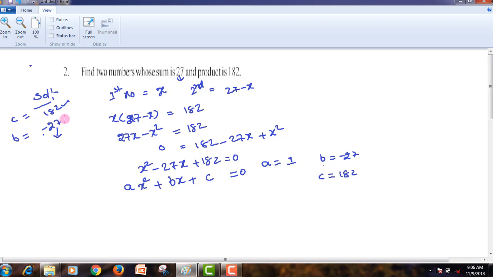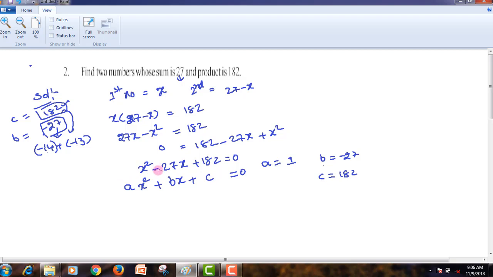Can we write minus 27 as the sum of two numbers whose product gives you 182? Yes, minus 27 can be written as minus 14 plus minus 13, and the product of these two is also equal to 182. These are the two numbers which satisfy this condition.